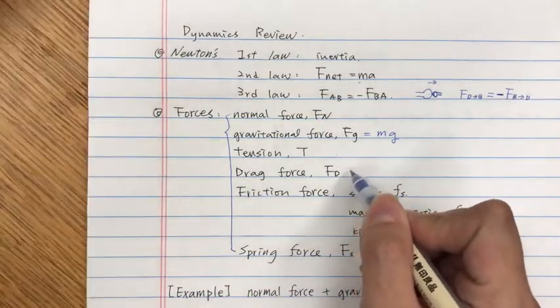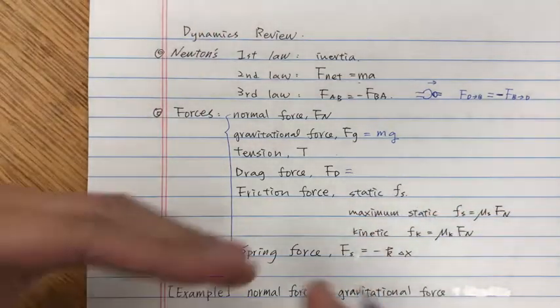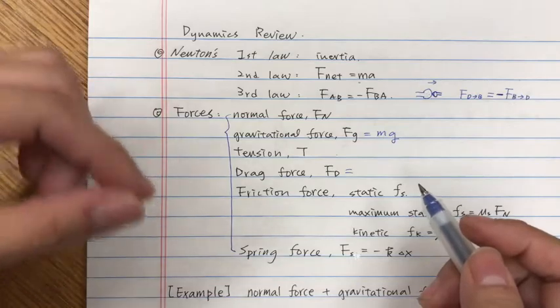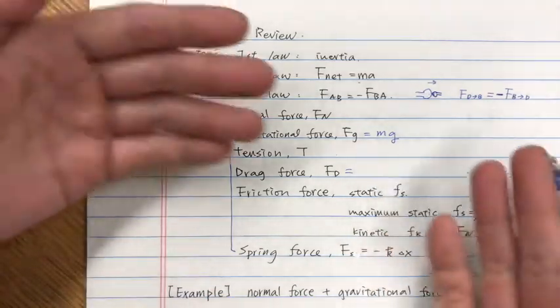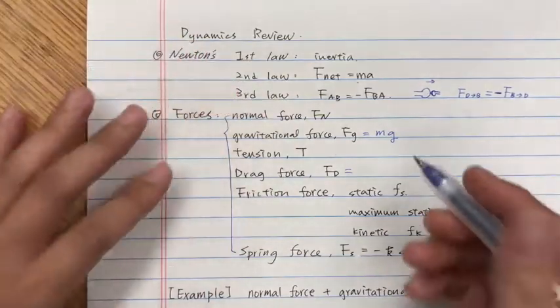For the drag force, this force is coming from the fluid. Say when you are flying or when you are swimming in the water, you will feel the water pushing against you. That is the drag force.